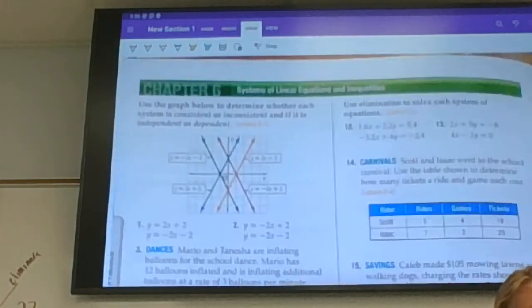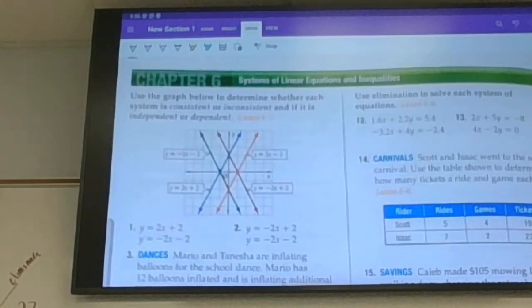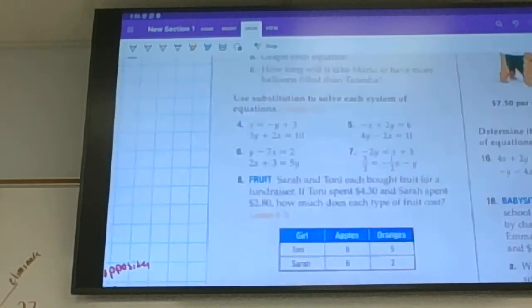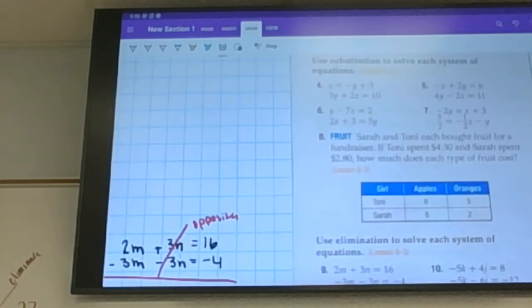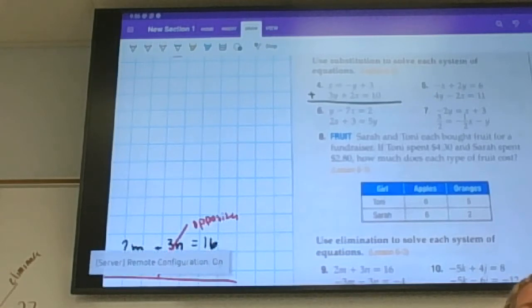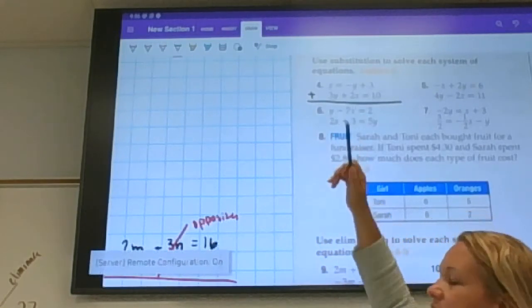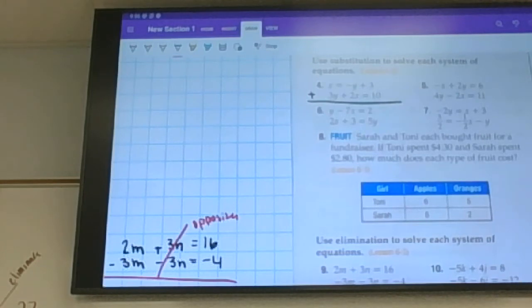All right, let's start with number 4. It says use substitution to solve. So when I look at number 4, if I were to add down, nothing is lined up. The x's aren't lined up, the y's aren't lined up. So it's not lined up well for elimination, right? The words say use substitution.